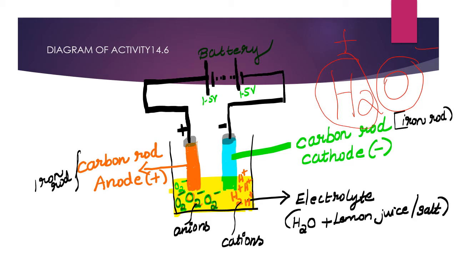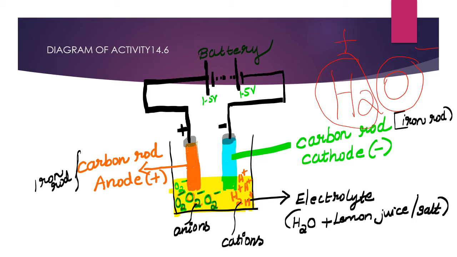Depending on the charge of the ion, it will be attracted towards the oppositely charged electrode. So where will the hydrogen go? Hydrogen has the tendency to go to the oppositely charged electrode, so hydrogen will move to the negative electrode, the cathode, and oxygen, having negative charge as an anion, will move to the anode. Like this the reaction happens, and both types of ions are separated from the water molecule.